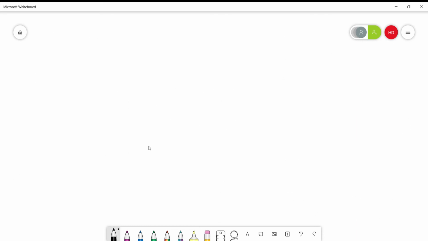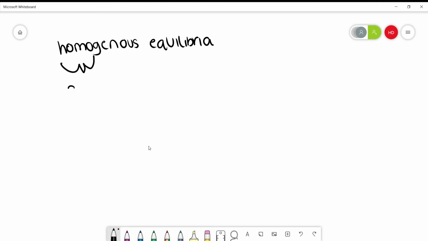So homogeneous equilibria. Homo comes from Latin meaning same, and genus in chemistry usually means phase or state.